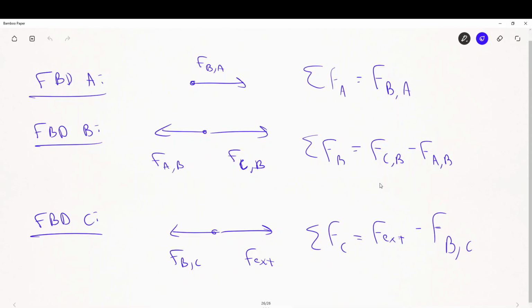So I can set up a system of equations using Newton's law that the net force is ma.